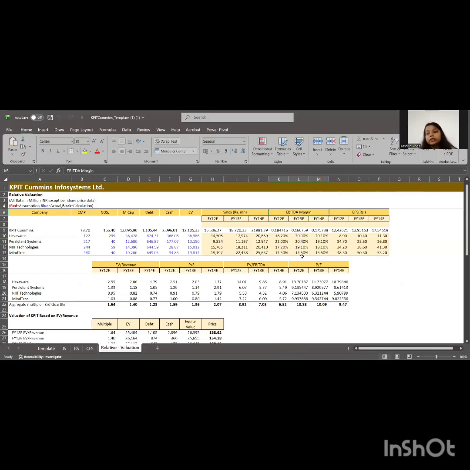The formula is EBITDA margin equals EBITDA divided by sales. So here is the value. This figure helps us move forward to one of the most important ratios, the EV divided by EBITDA multiple.